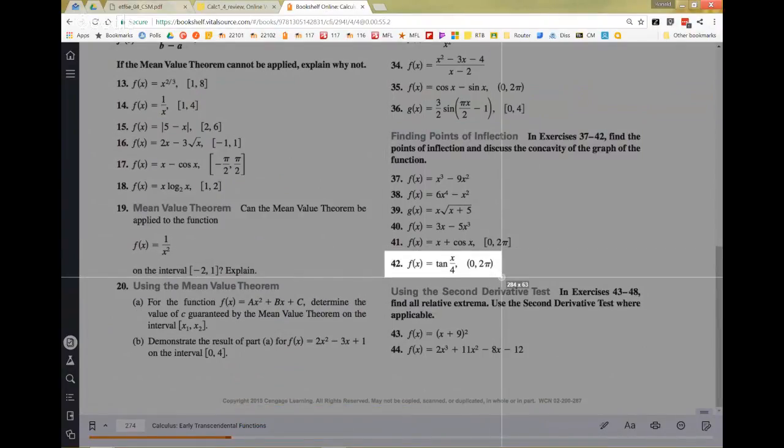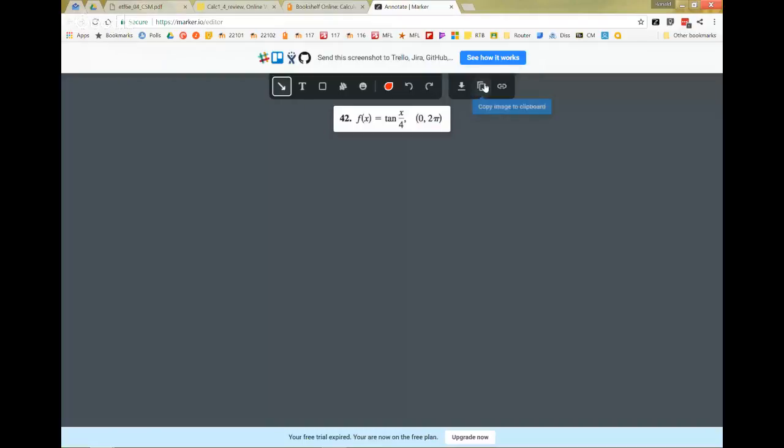So anyway, let's look at the directions while I have it up. Find the points of inflection and discuss the concavity. So this is one of those where we need to do a second derivative. Okay. So concavity, points of inflection.